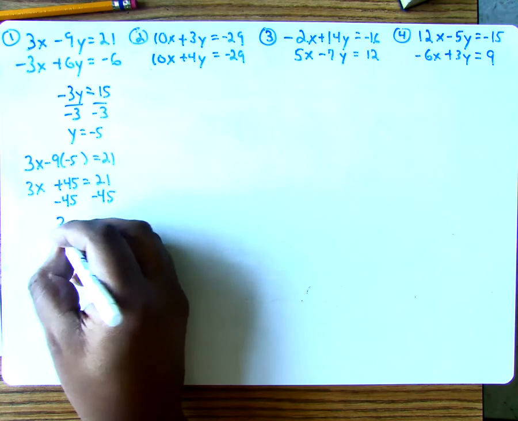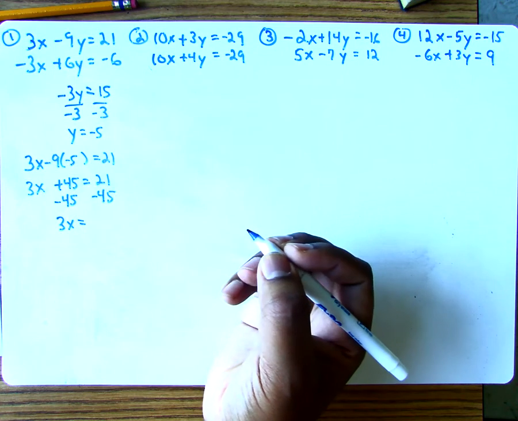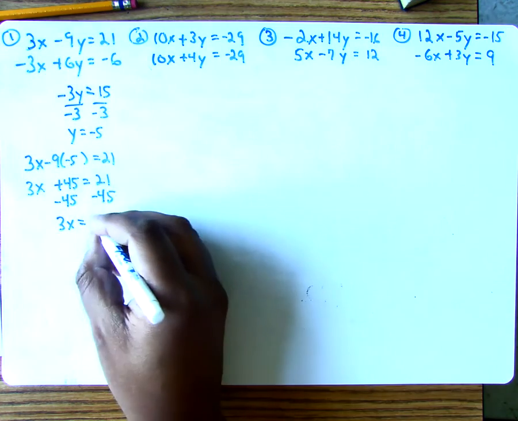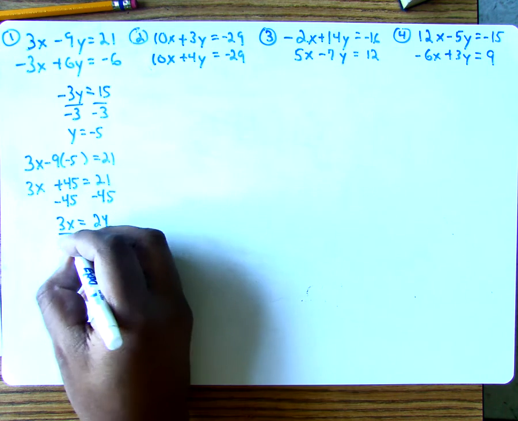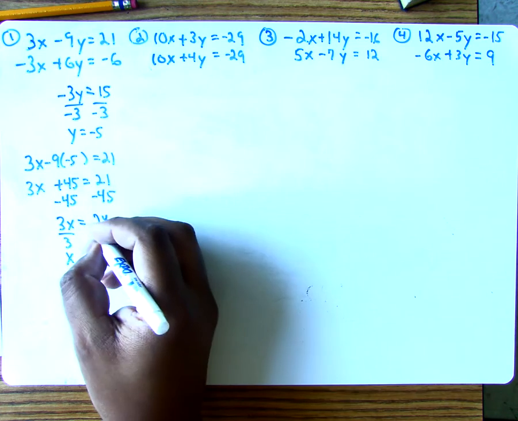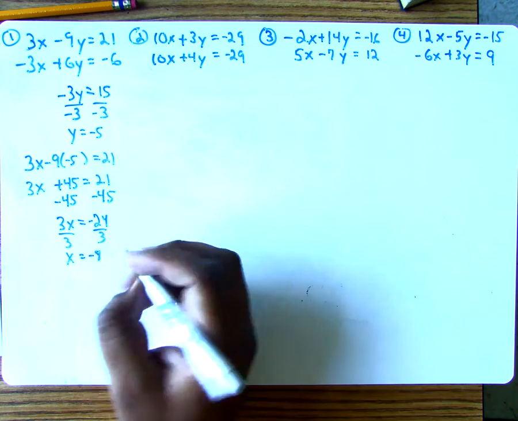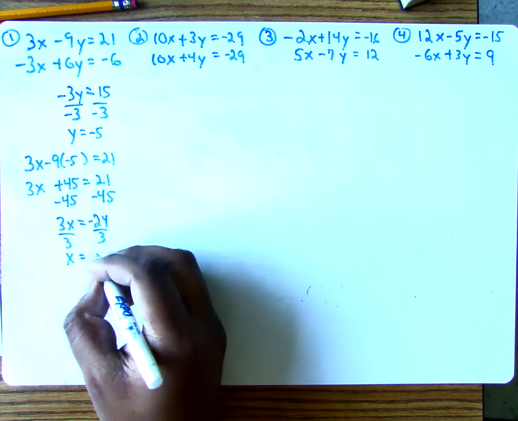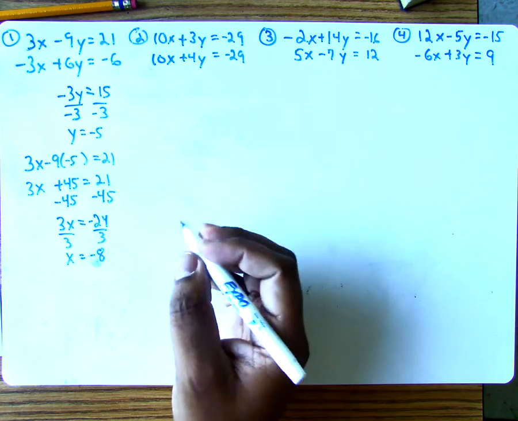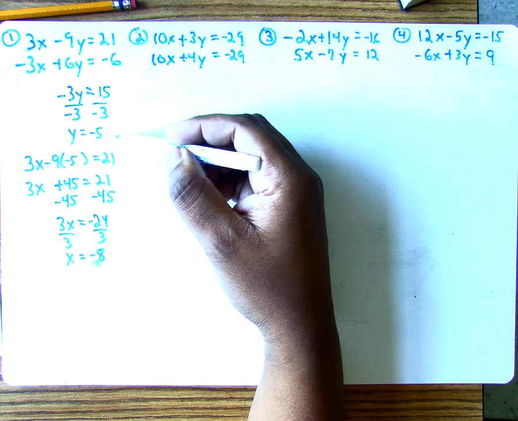And that's going to give me 3x is equal to 24. Now divide by 3. Actually, this is negative 24. That's going to give me a negative 8. So my x coordinate is negative 8 and my y coordinate is negative 5.